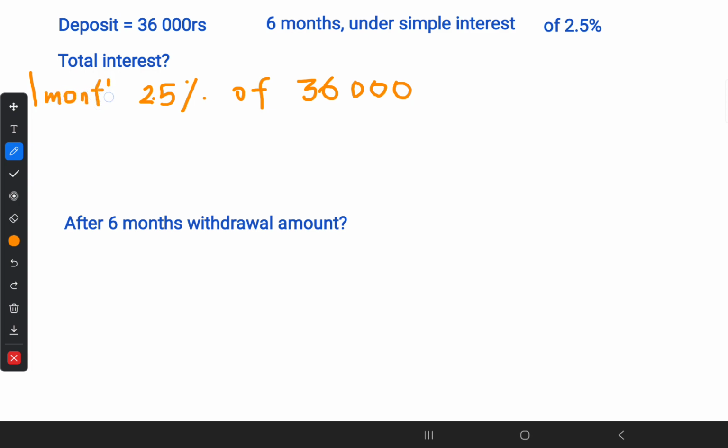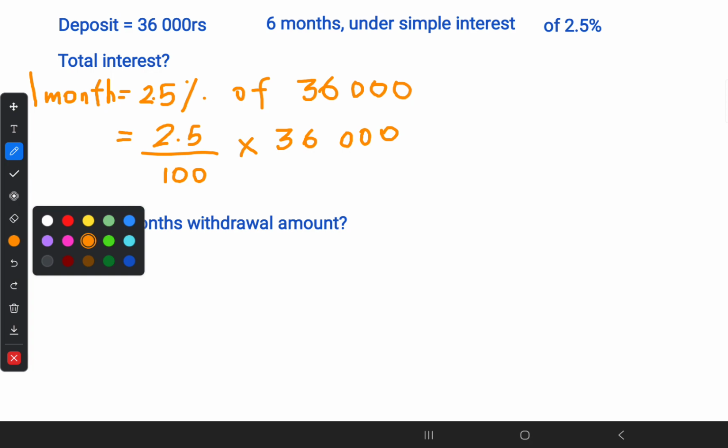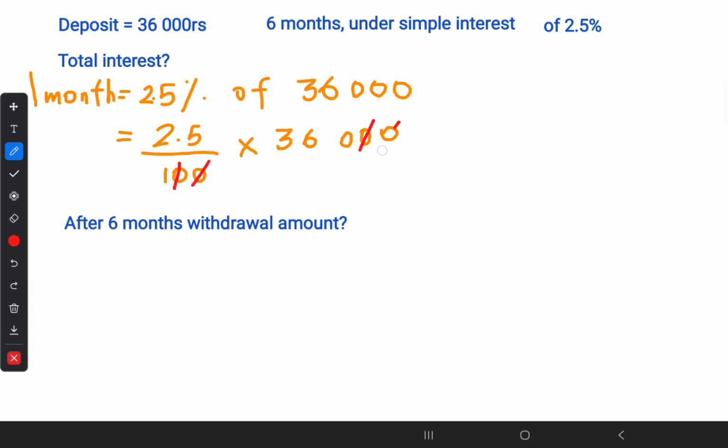Let's simplify and get the answer for that one. So 2.5 upon 100 times 36,000. We can simplify like this, cancelling the zeros. When you multiply 360 with 2.5, it would be 900 rupees.